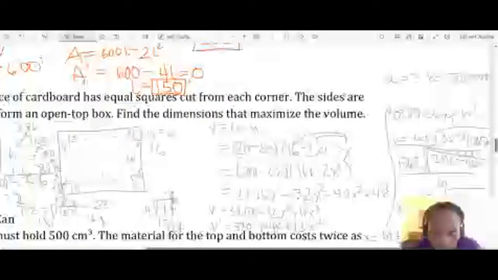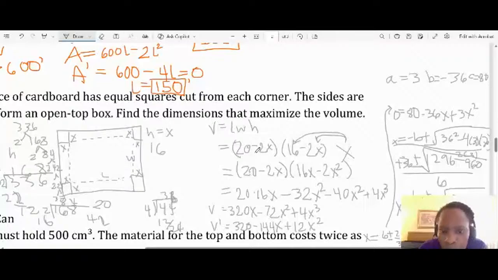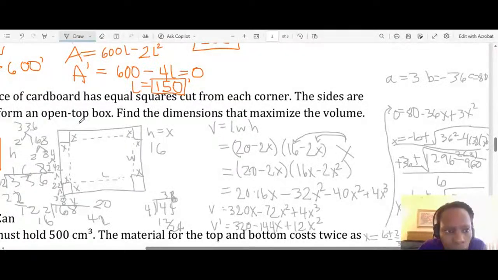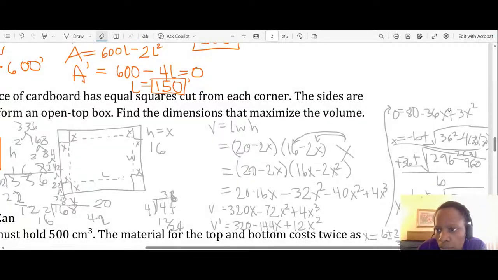So that being said, we can still plug into our formulas for L and W, right? So if x, we want to find the dimensions. Let me erase some stuff so we can put in the dimensions. So I'm just going to put it over here.